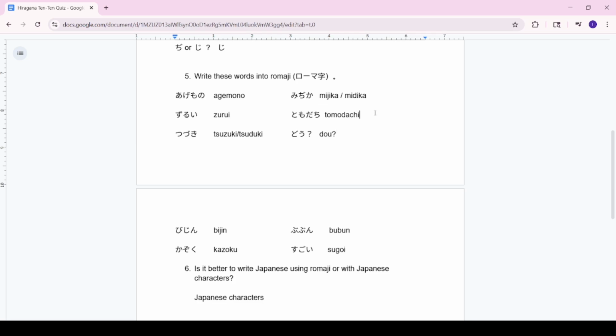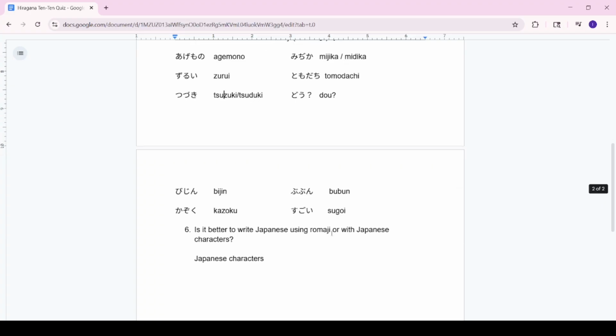Also, if you don't use kanji, that can be confusing because one thing written down could mean several different meanings. And then, you have this weird symbol here, it's Suzuki. It could be written different ways, same with this one. So it can just get a little messy. So it's better to just write using Japanese characters, which is why we're learning Hiragana.